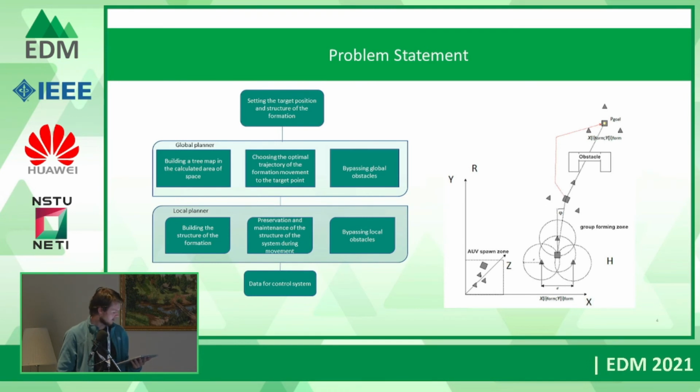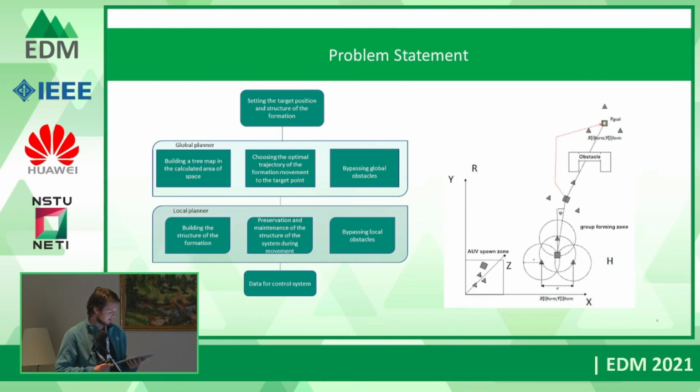Therefore, all unmanned vehicles must have a path planning system. In our case, the planner is a system of global and local planners. The global planner is the RRT star method, rapidly exploring random tree. The local planner is a potential field method, and it's used for forming a group of vehicles.